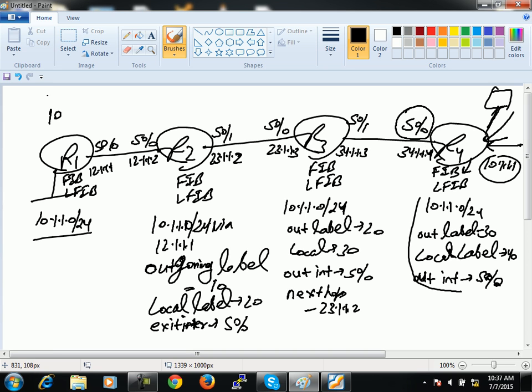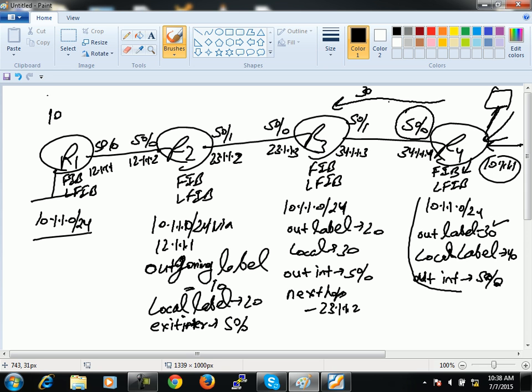So R4 will transmit the packet out from S0/0 now with a label, because its outgoing label is what? 30, and this information will exist in its FIB table as well. I mean, as I said, FIB will also contain your label information, right? So now R4 will send this packet with label number 30. Fine.